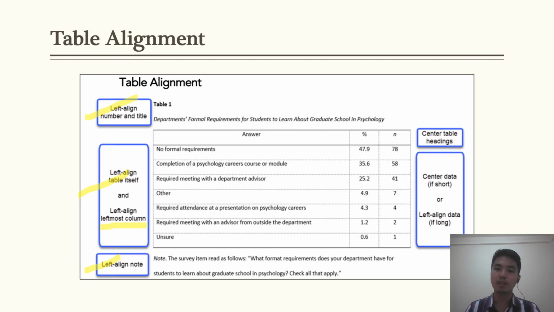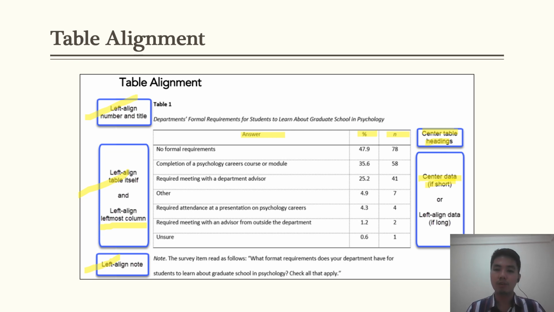For the center table headings, such as the descriptors, the data with regard to the percentage, the sample, or the frequency, they are centered. Take note, they are centered if the data is short, for example, 5 items, 7 or 9.